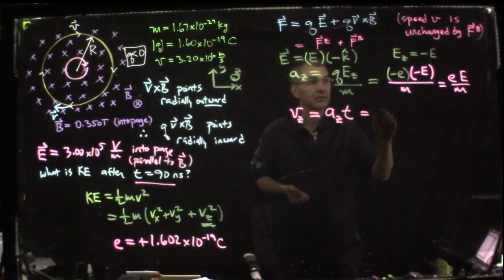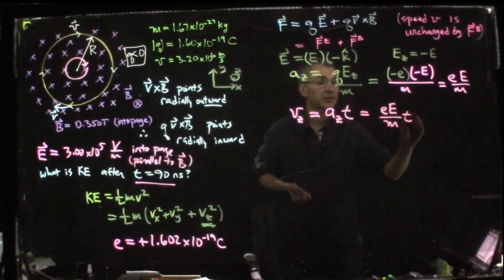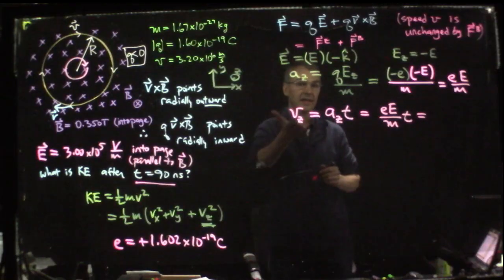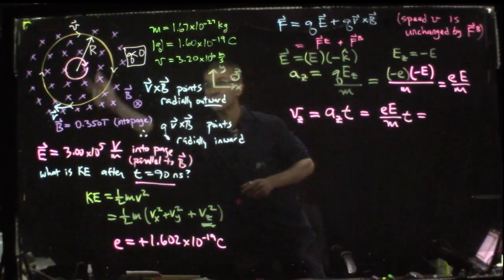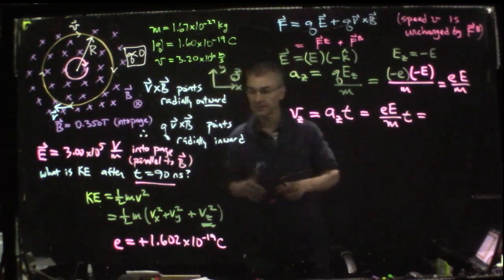That's just charge magnitude times electric field divided by mass, times time. That's the whole velocity in the z direction. The electric field is only changing the z component of velocity, and the magnetic field is just continually mixing up the x and y components of velocity.